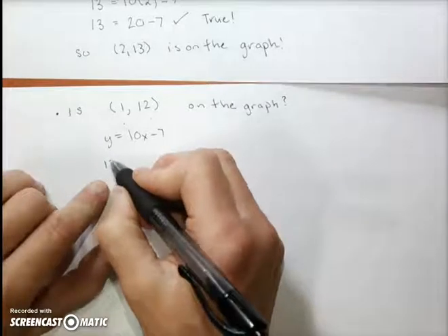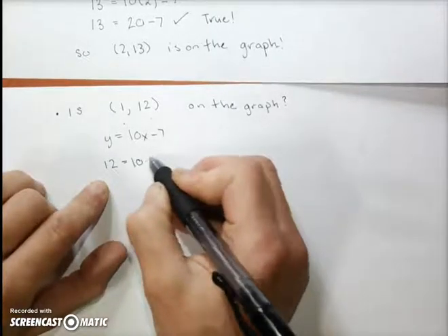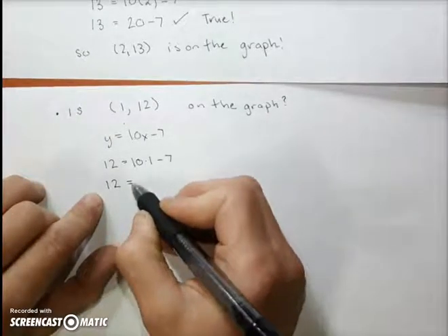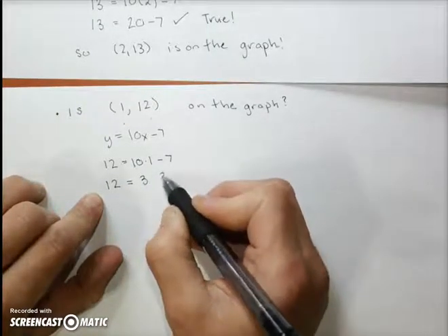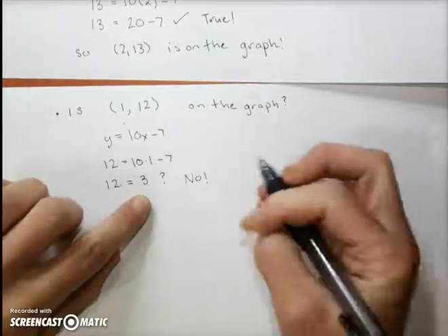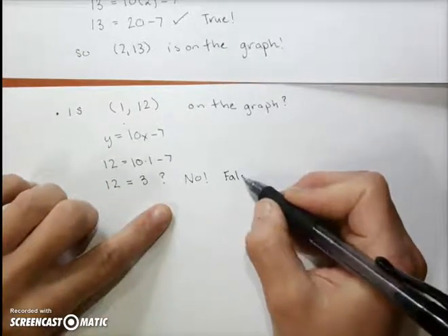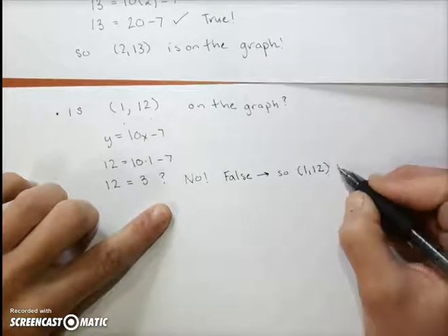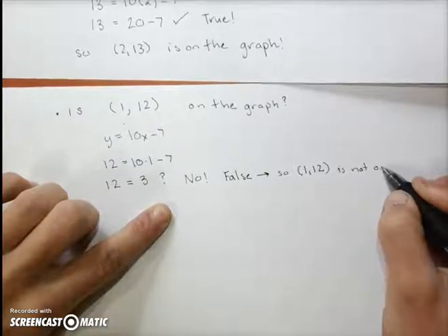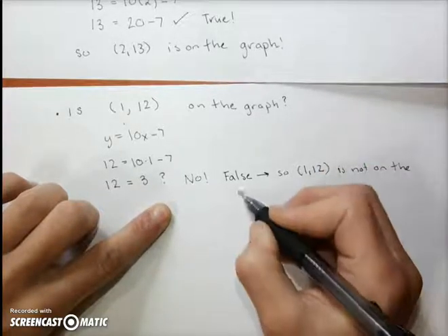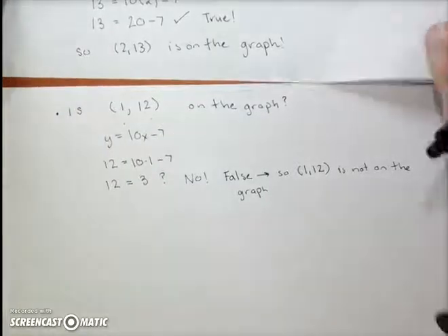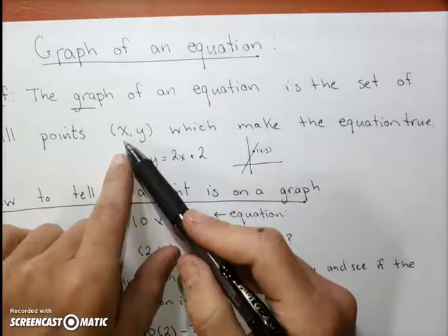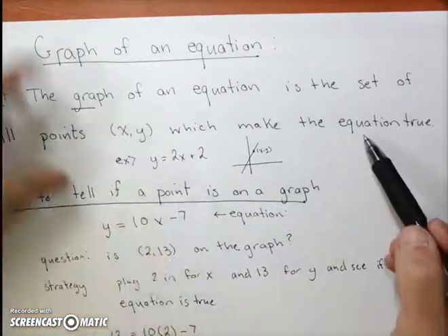So I plug in 12 for y and do 10 times 1 minus 7. So this asks, is 12 equal to 3? No, this is a false statement. So 1, 12 is not on the graph. It's not on the graph if we go back to the definition, because when we plug the values in, the equation is not true.